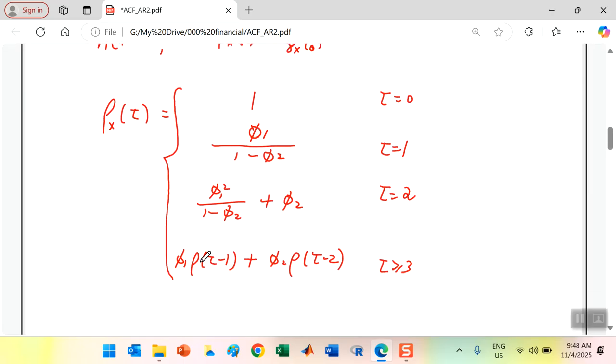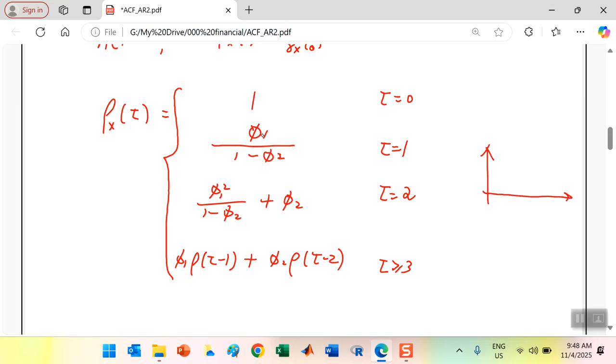So what is this value? Basically, you substitute tau 3, 4, 5, 6, and so on, then you will get, by substituting in a recursive process, the coming lags of the ACF. Basically, what you get is something like this.